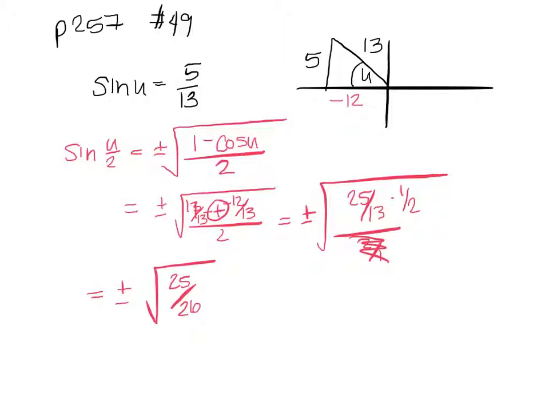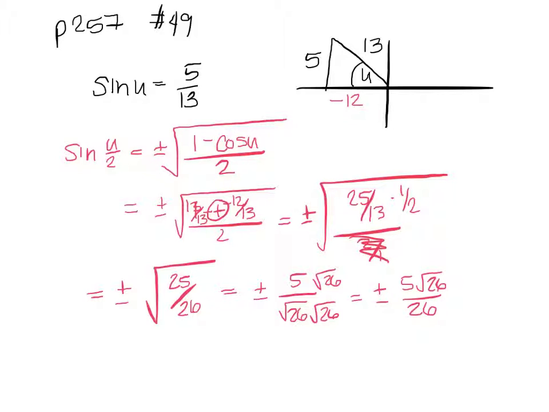All right, now we've got a problem, don't we? We've got to rationalize. We've got plus or minus the square root of 25, which is 5 over root 26. So then we rationalize: plus or minus 5 root 26 over 26.